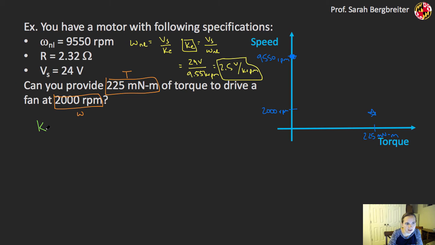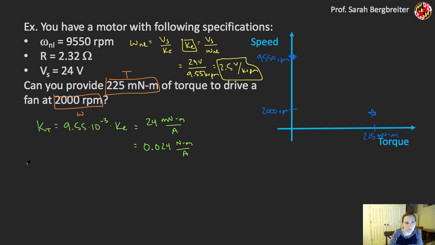Using that, I can calculate my torque constant, which remember was 9.55 times 10 to the minus 3 times Ke, when Ke was given in volts per kilo RPM. So this is going to equal 24 millinewton meters per amp, or equivalently 0.024 newton meters per amp.